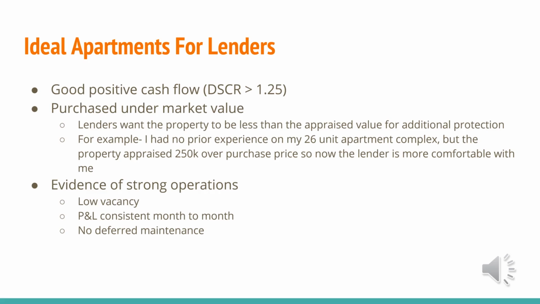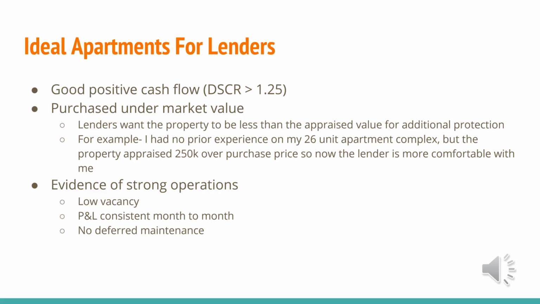Like for me, I had no prior experience. I'm working with an experienced property manager, but my first 26 unit property appraised for $250,000 over purchase price. So between that 250K of equity day one, plus my 25% down payment, now lenders feel very comfortable giving me this deal, despite my lack of experience.